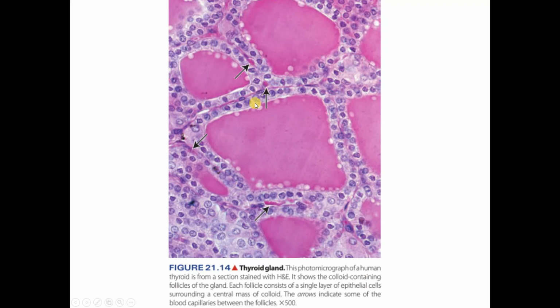Once again, these cells produce thyroglobulin into this gel. The same cells pull all the iodine of the body into this area. Then inside this gel happens the chemical joining of iodine with some tyrosine components of this thyroglobulin.